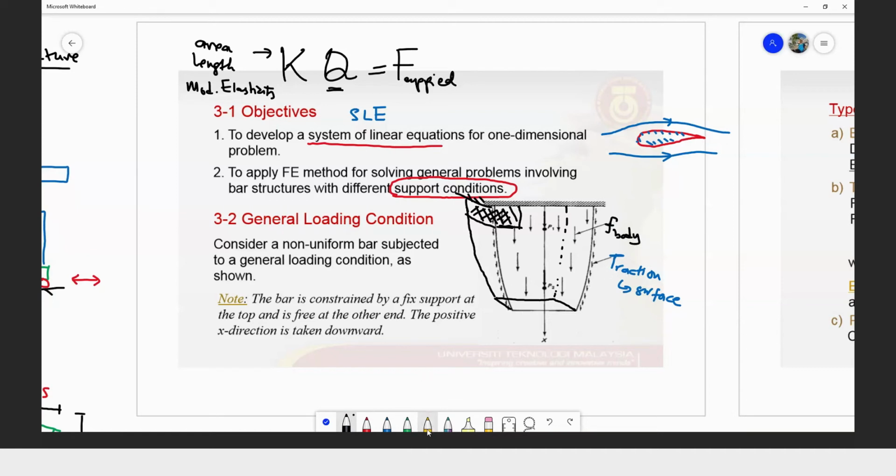And then the third one, we look here, we have a force that applies to a specific point on our structure.